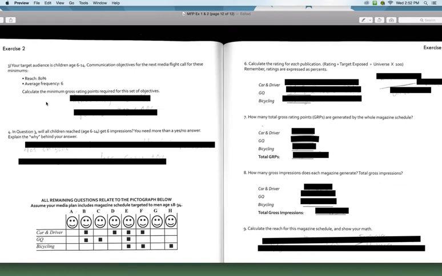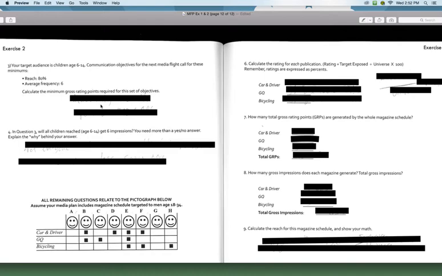So this is important. If it's the average frequency, the notion is that 6 is the mean in this case. So if 6 is the mean of an average frequency, that means that not every child ages 6 to 14 is going to be able to view this. Some will have more impressions in terms of those opportunities to see. Some will have less. It just will depend. But this is where the 6 impressions will lie.